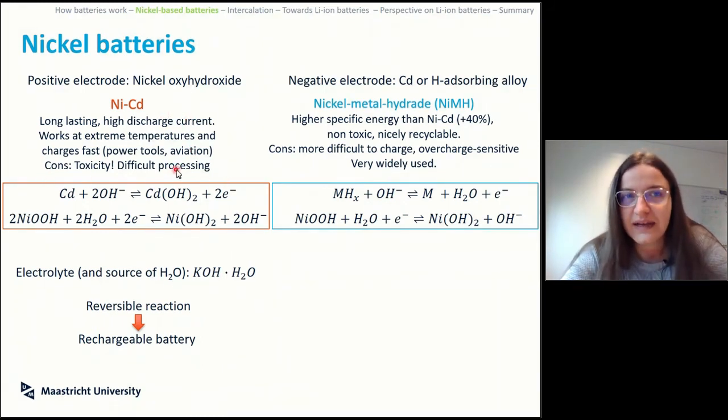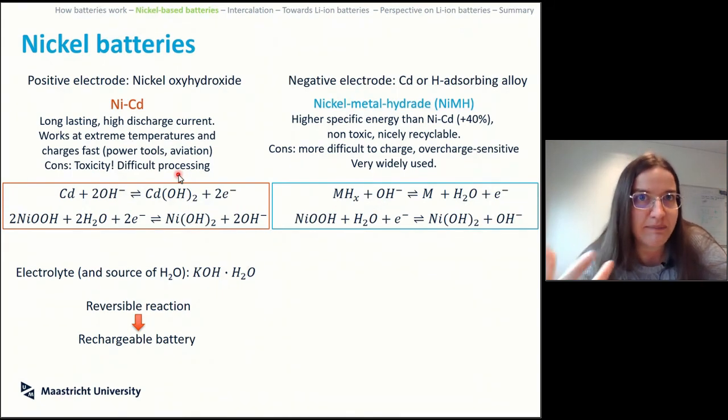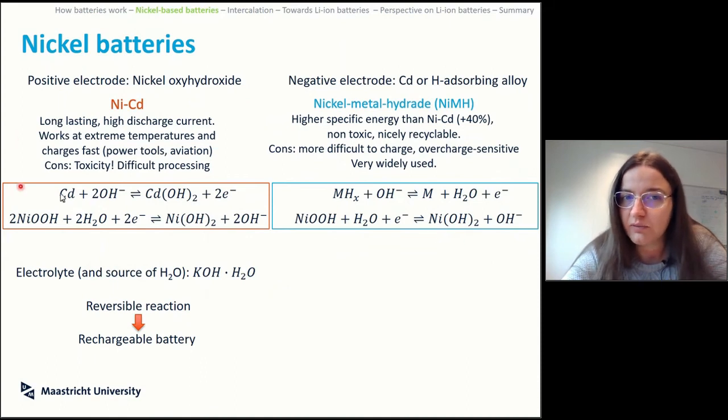So it is something that you don't want to easily use, and it enforces some issues with actually making the battery, because it's toxic. The reactions are written here, and if you see, the one that you have on one side is always the same, depending on what you have on the other side.